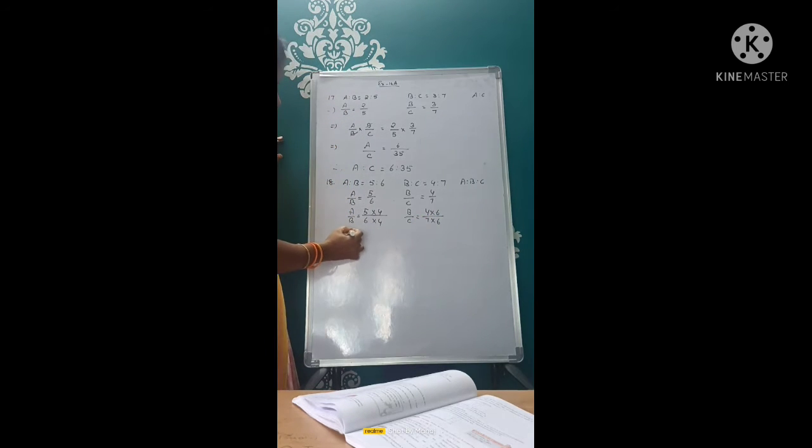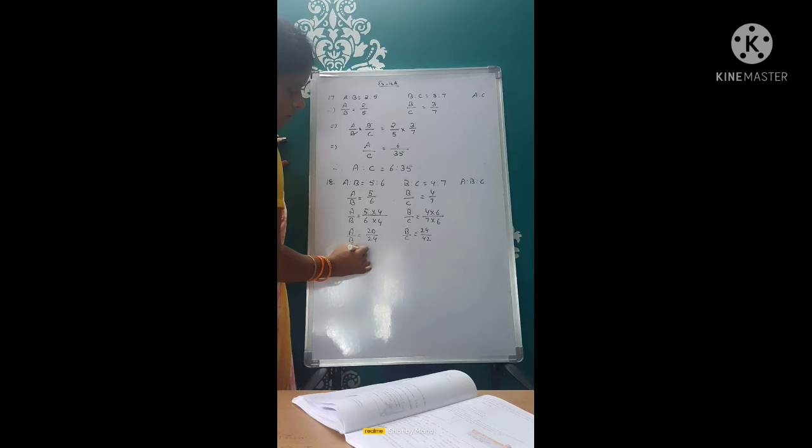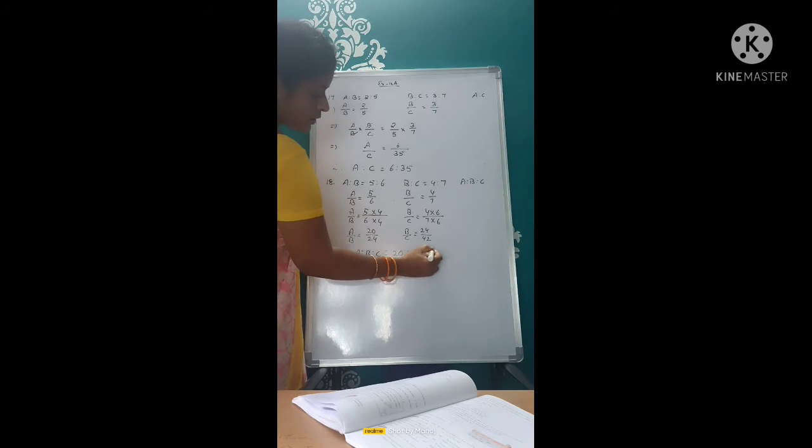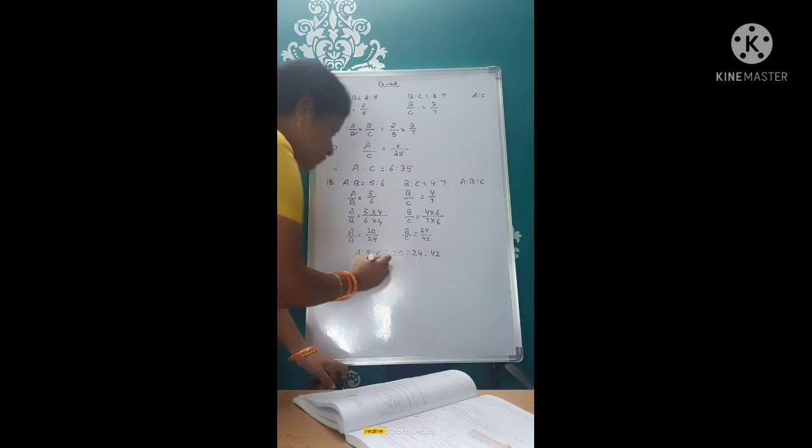Okay, now write down A by B equals 5 into 4 by 6 into 4 means 20 by 24. So B by C equals 24 by 7 6s are 42. So now you can write A is to B is to C. So these two are equal now. So A 20, B 24, C 42. So this is not in simplest form, so you have to convert into simplest ratio.